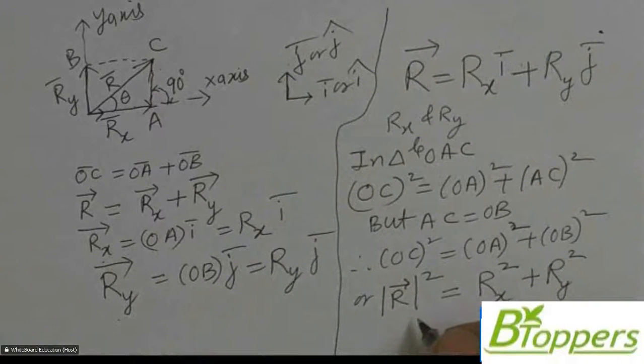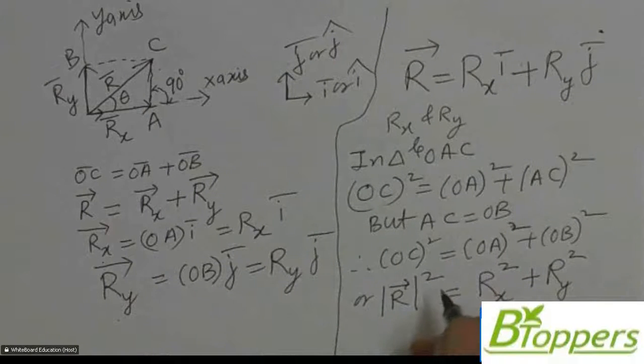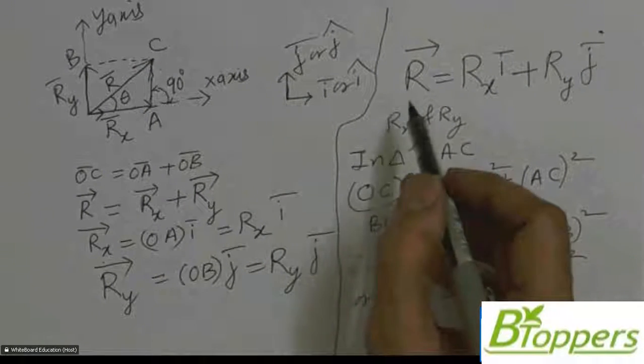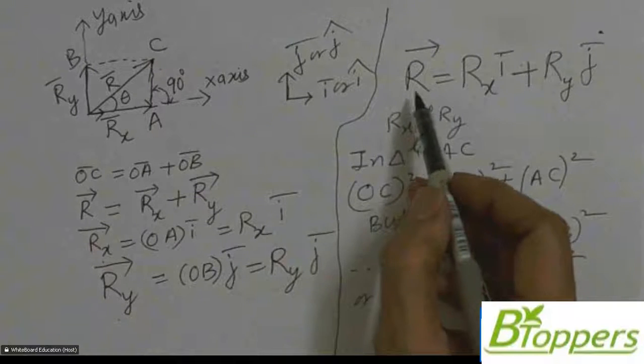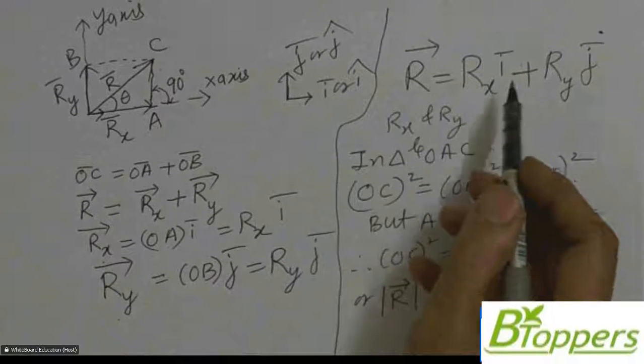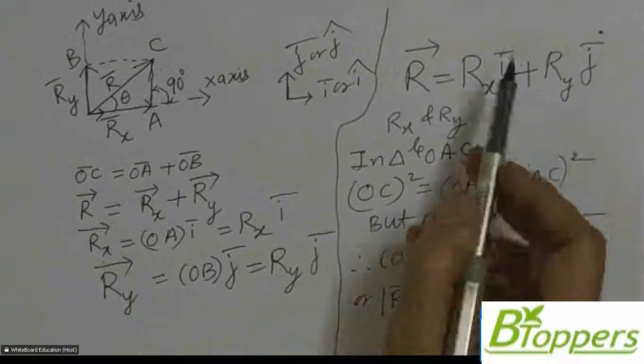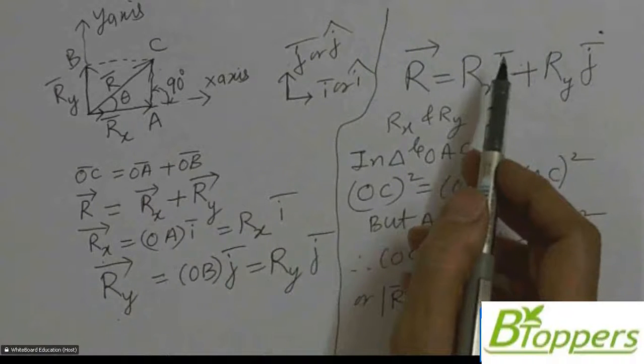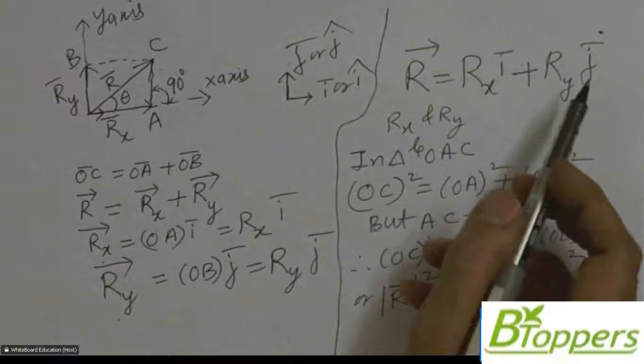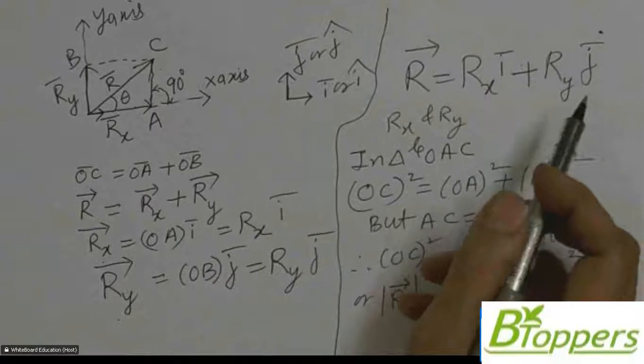So in general, a vector R bar which lies in the xy plane in two dimensions can be written as R bar equal to Rx I bar plus Ry J bar, where I bar is the unit vector along the positive x direction, J bar is the unit vector along the positive y direction.